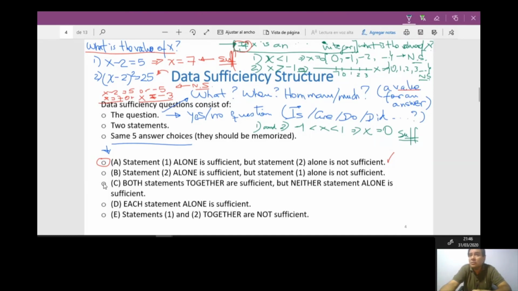So we are now in the situation described by option C. So here our answer is C. Both statements together are sufficient, but neither statement alone is sufficient.